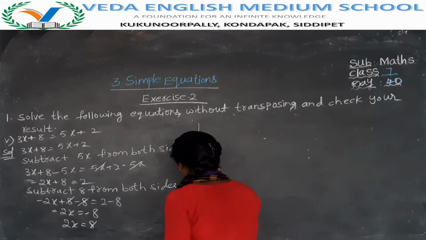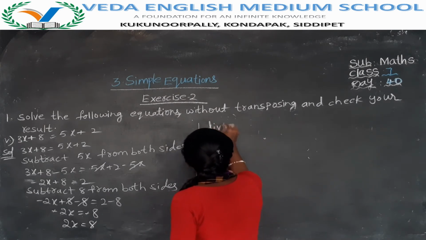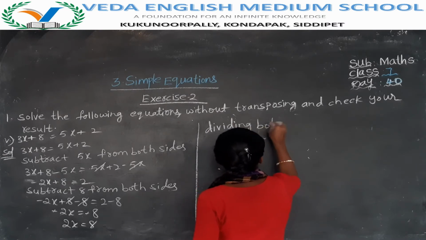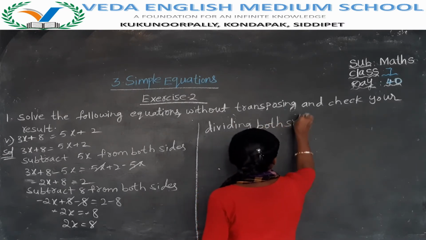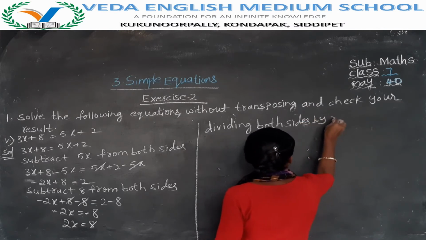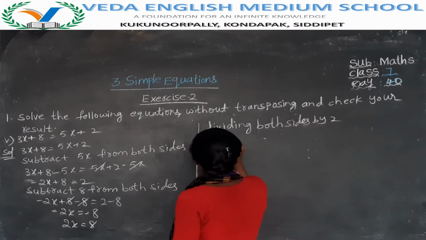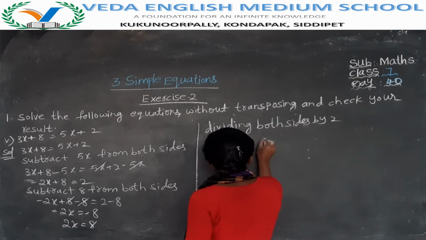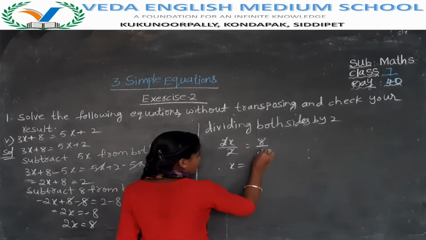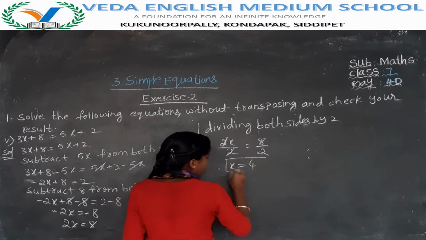Dividing both sides by 2. So 2x by 2 is equal to 8 by 2. 2 will get cancelled. x is equal to, 2 fours are 8, 2 ones are 2. x is equal to 4.